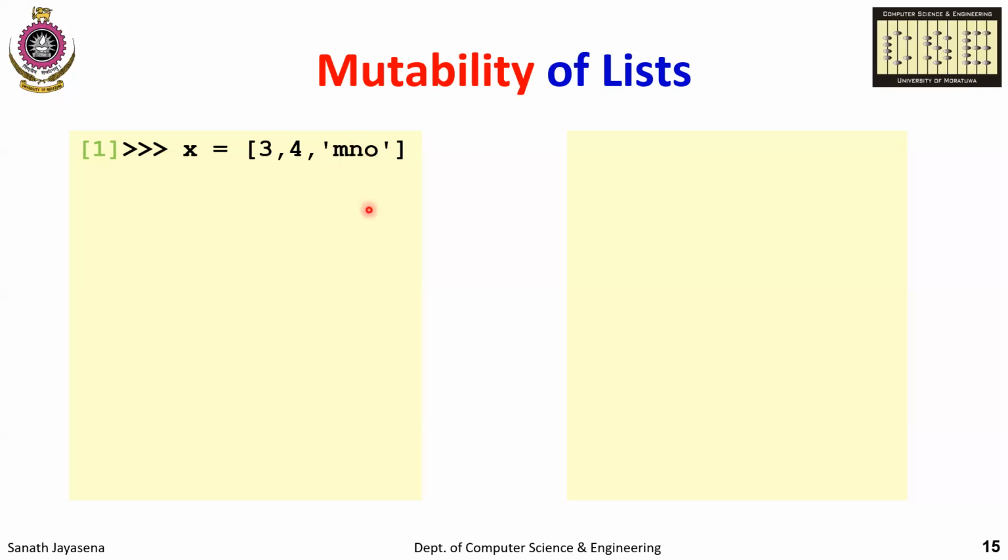So in Python, this is quite normal. Python allows us to create a list of mixed kinds of types, which is fairly rare in programming languages. In C or Java, we cannot create what we call arrays of mixed types.